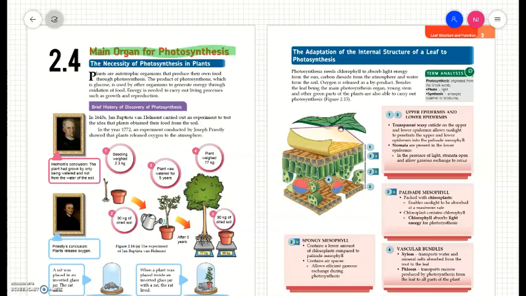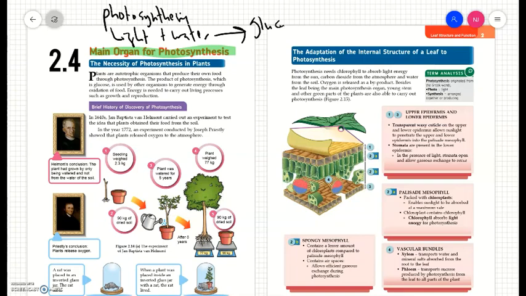Photosynthesis is a process which needs light and water to produce glucose. So glucose, we consider it as a food for plant.